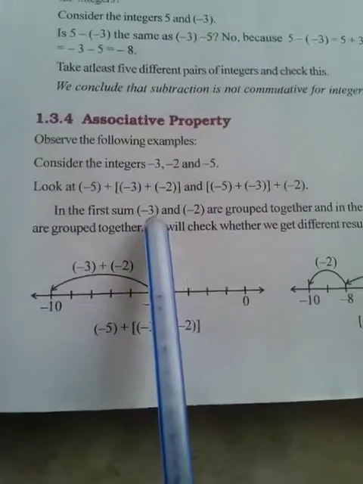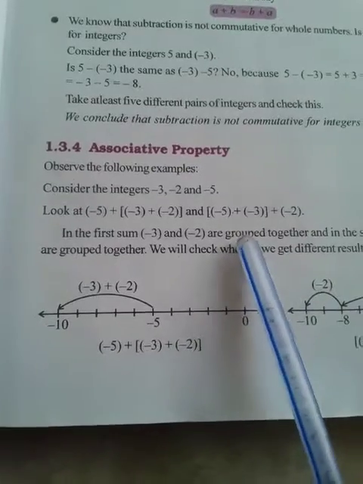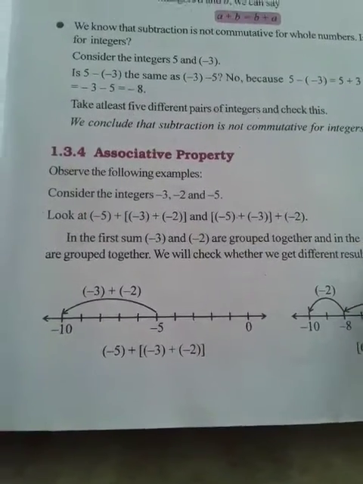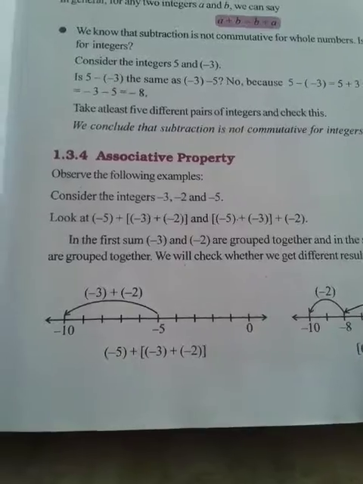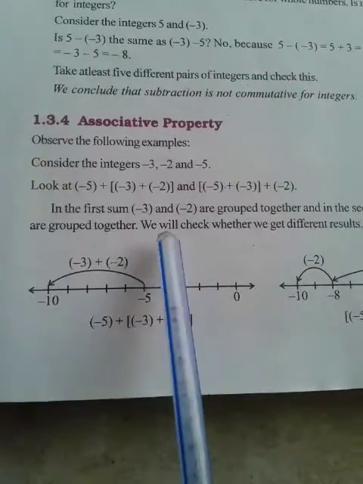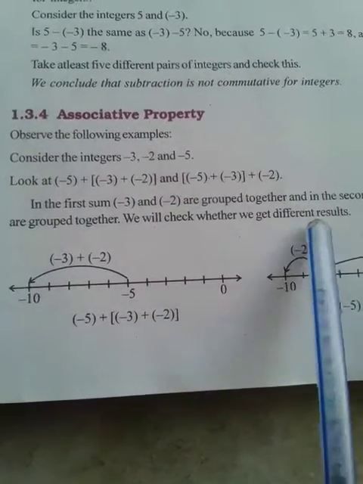In the first sum minus 3 and minus 2 are grouped together, and in the second minus 5 and minus 3 are grouped together. We will check whether we get a different result.